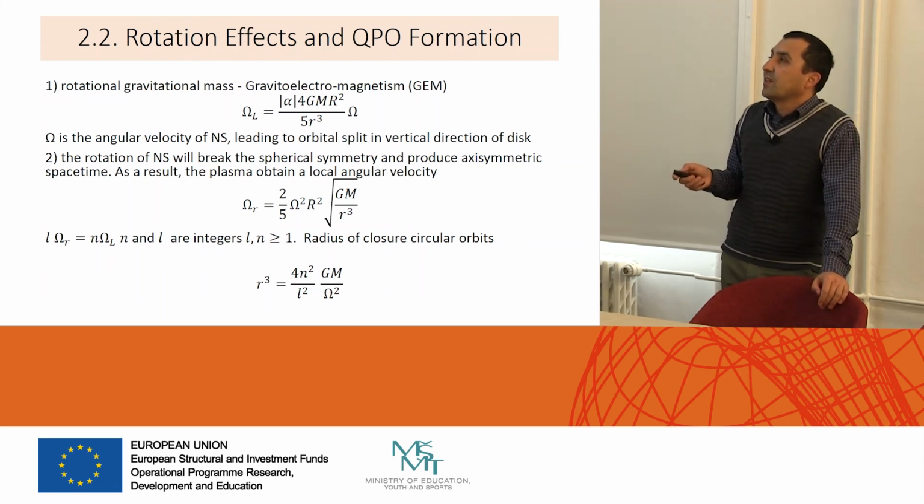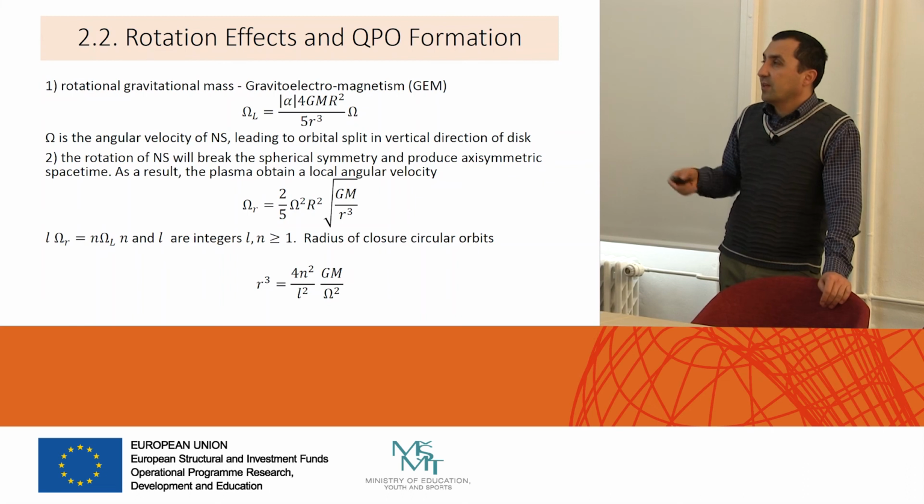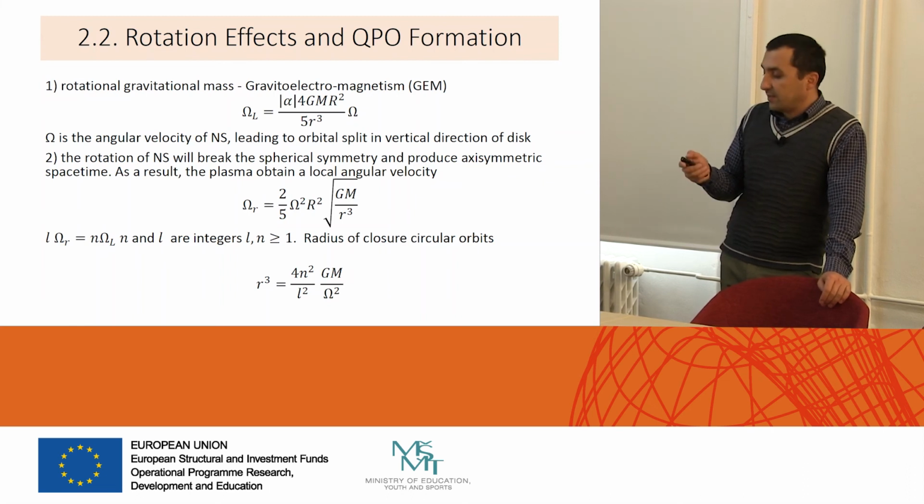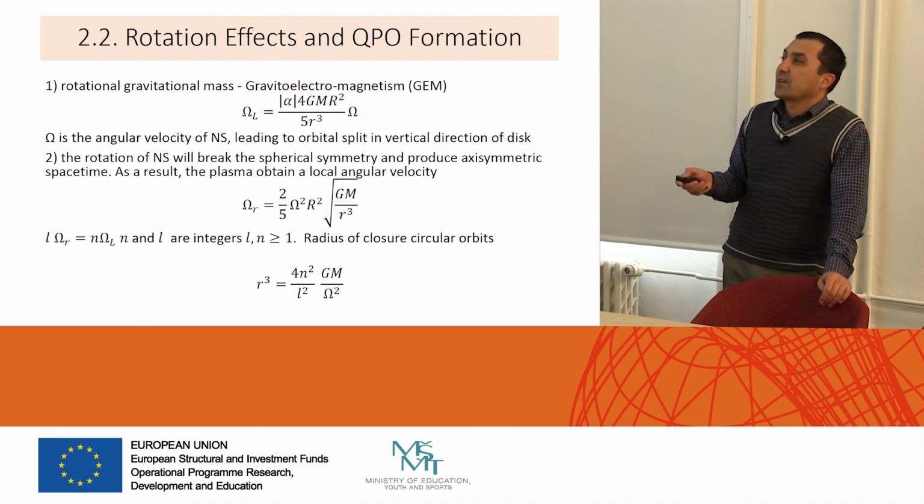It depends quite strongly on the neutron star rotation, and it also gives a correlation between the radial and the Larmor frequencies in this form, and we can also construct this correlation using these integers.